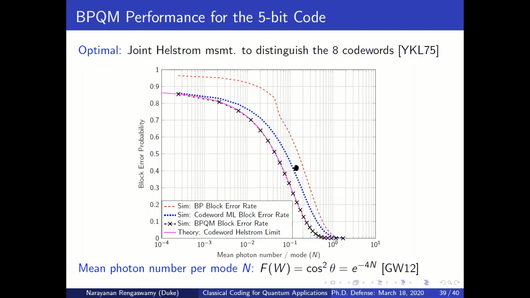On the classical bits induced from the measurement, if you do classical BP, that's the probability of error you get. Now the fundamental quantum limit is given by the Helstrom conditions, and you can compute this purple curve from that. That's the optimal probability of error in deciding which code word was transmitted through this channel. So the purple curve is the fundamental limit.